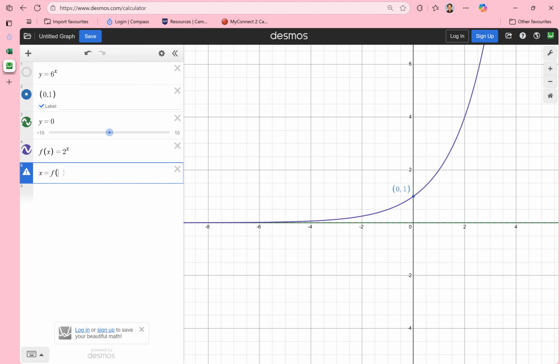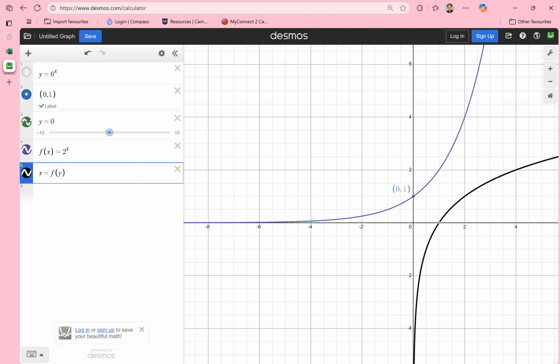So I want it to be f of, now instead of x, because it's not x anymore, because x becomes y and y becomes x, this now becomes f of y. Okay, so what I'm saying is, that used to be your y value, so I'm saying y now becomes x, and what used to be the x now becomes y, so hence that letter changes to y. So I'm saying x equals f of y.